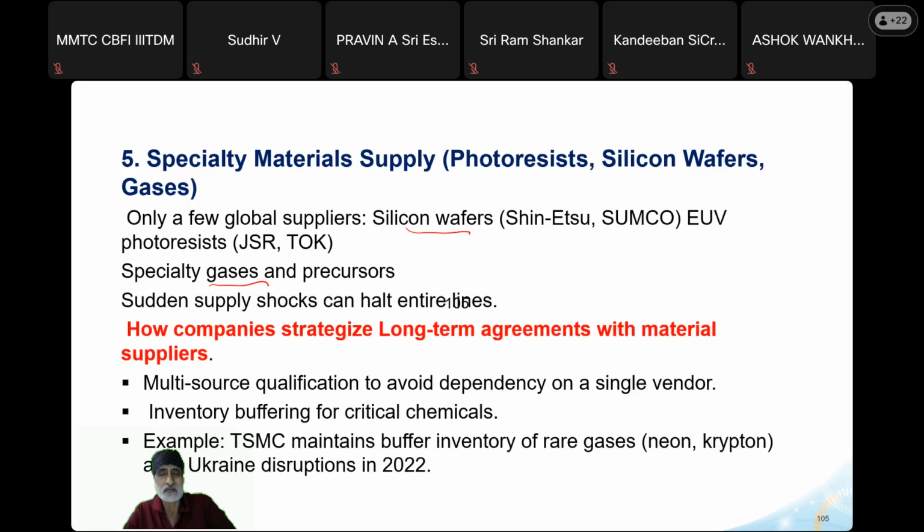So now there is no single country, there is nothing like Atmanirbhar in this area. There is no single country which is doing everything. Like TSMC is a fab in Taiwan, and they manufacture around 63-64% of the world's production of chips. But they are not manufacturing silicon wafers; they are taking wafers from other places.